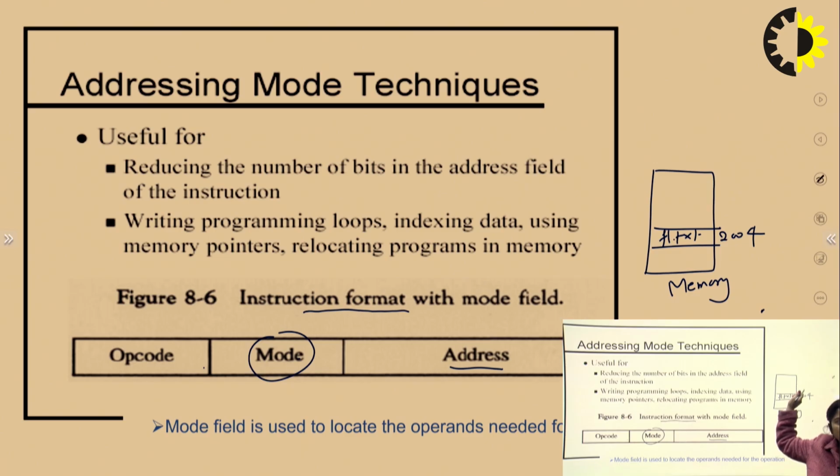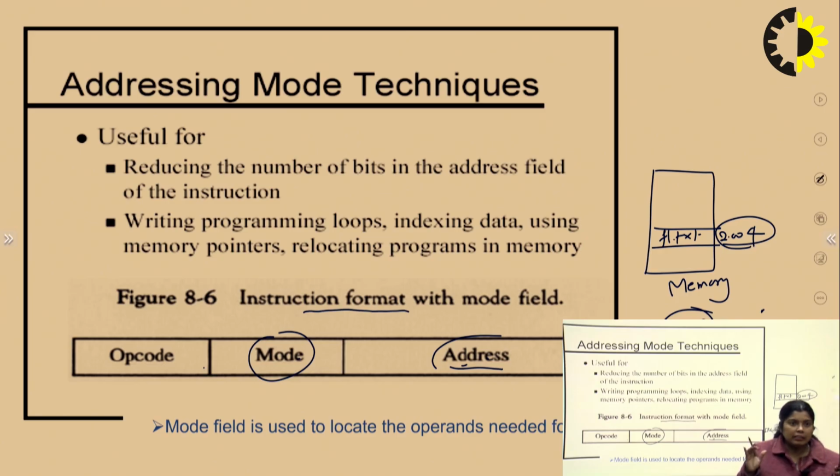This 2004 is currently stored in the MAR, the memory address register, and it is fetched into the instruction register. This computer instruction contains opcode, mode and address, and the address part of the instruction is stored here. So here 2004 is the address.